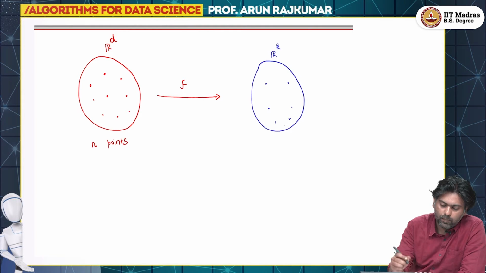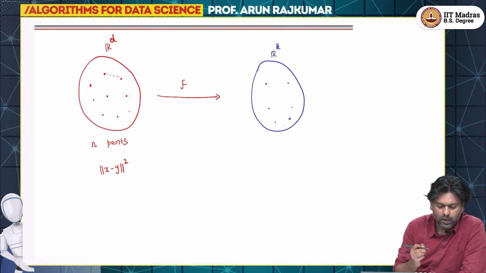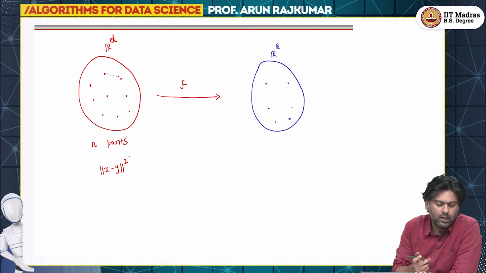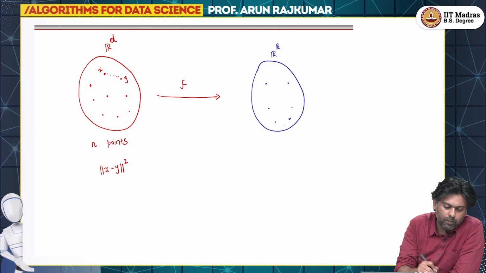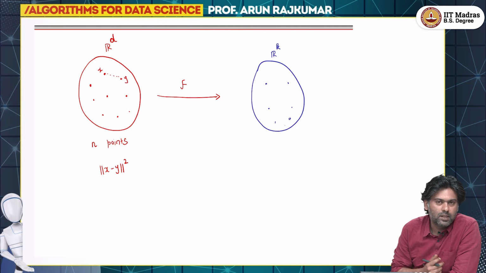Using some map f, what we really care about is, if I look at any pair of distances in this original space, let's say distance squared, there are 2 points x and y, and I look at their pairwise distance, which is the norm of x minus y squared.